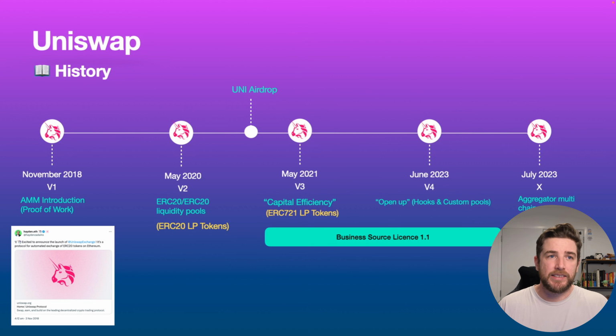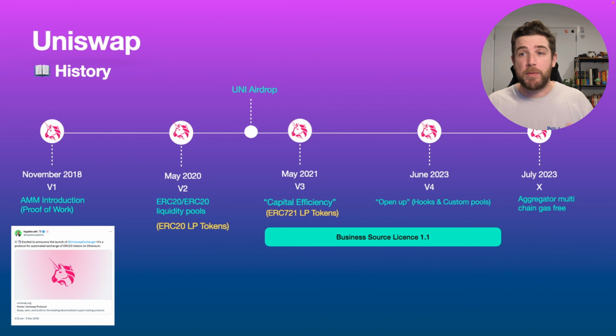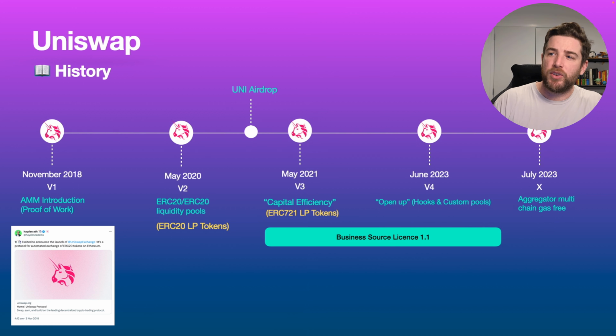Another interesting thing is that because Uniswap V2 was one of the most forked protocols, and there was a lot of drama around liquidity and different exchanges trying to absorb liquidity from V2 during DeFi summer, they decided to launch V3 and V4 with the Business Source License 1.1, which means the code can be copied and forked but cannot be used for commercial or business use.